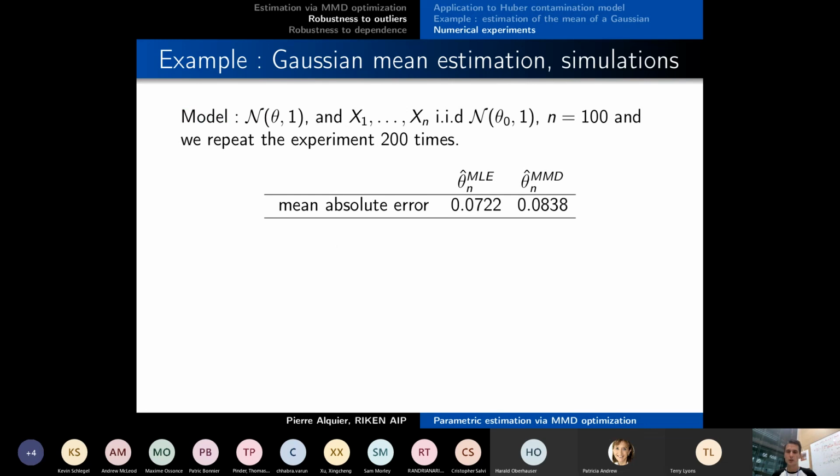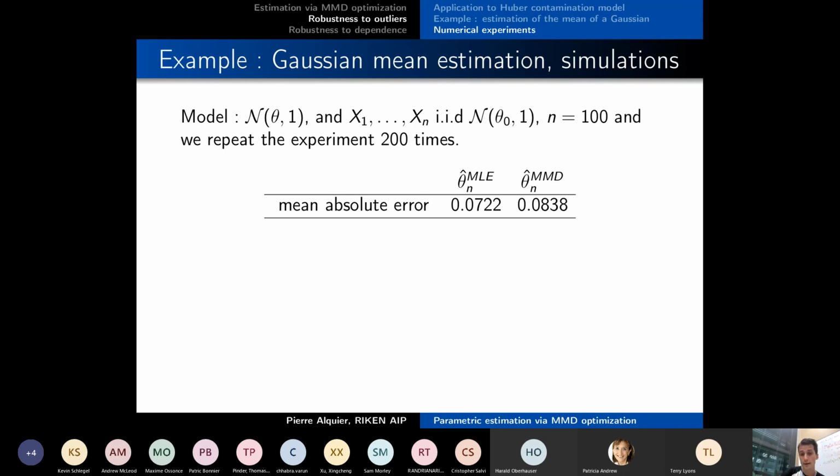We did some simulations. The first series is not extremely fascinating because it's quite expected. I sampled from a Gaussian distribution with fixed variance, to estimate the parameter theta from 200 observations.